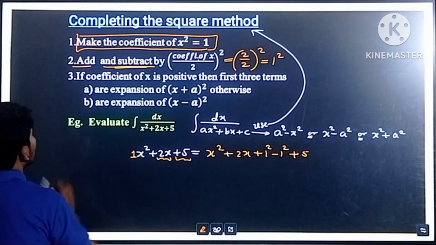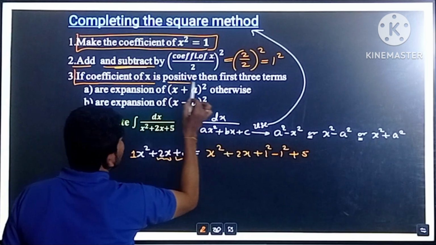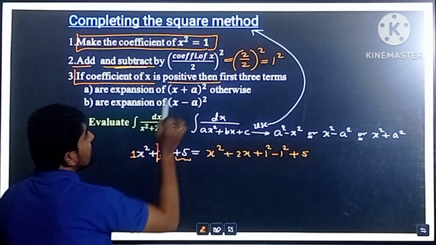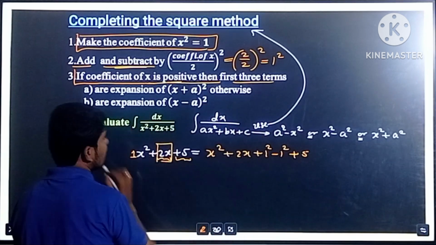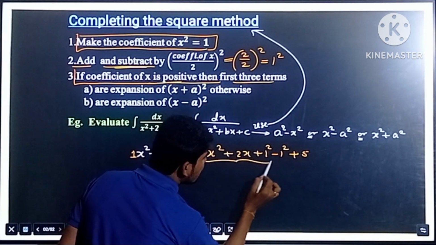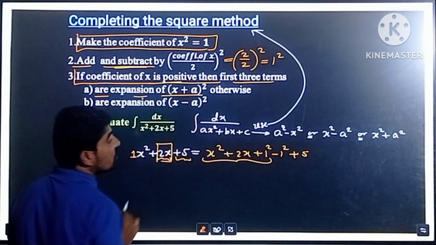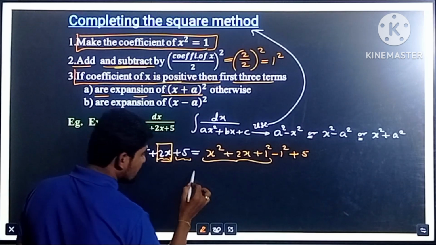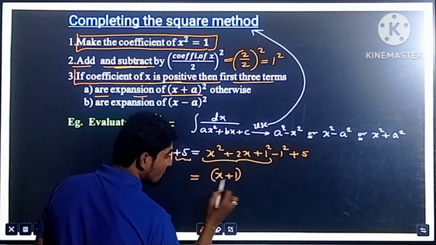Now observe this third note. What is the third note here? If the coefficient of x is positive, and here the coefficient of x is positive, then the first three terms are the expansion of x plus a whole square. Here the value of a is 1. Therefore, this is equal to x plus 1 whole square.